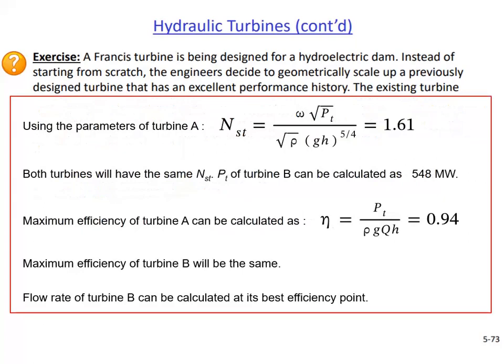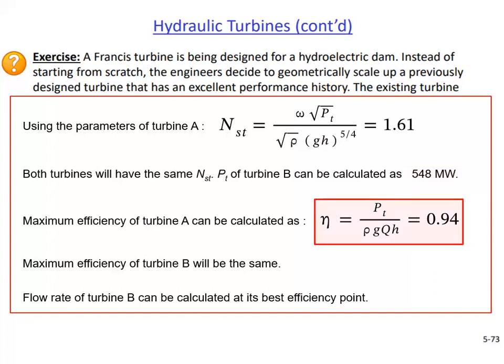Here is how we can solve this problem. The two turbines will be geometrically similar, and they are expected to have the same specific speed, which can be calculated using the properties of the first turbine at its maximum efficiency point. Using the same specific speed and the new head value, the power consumption of the second turbine can be calculated at its best efficiency point.